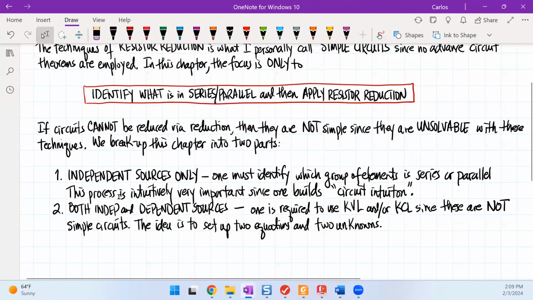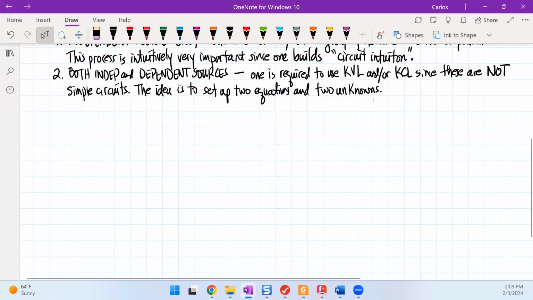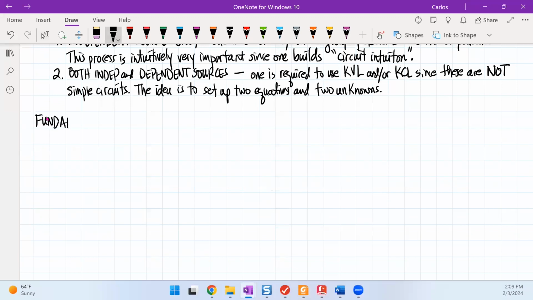Let's move on to the fundamentals. So we're going to look at the fundamentals of series and parallel elements.